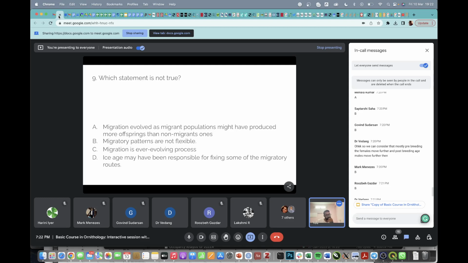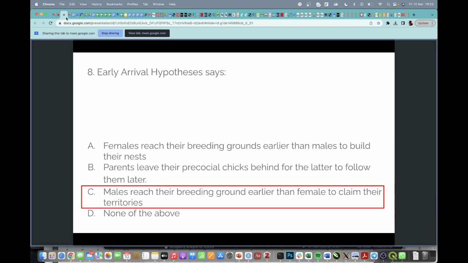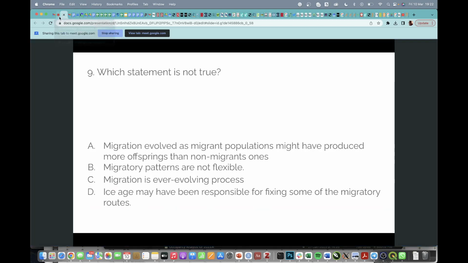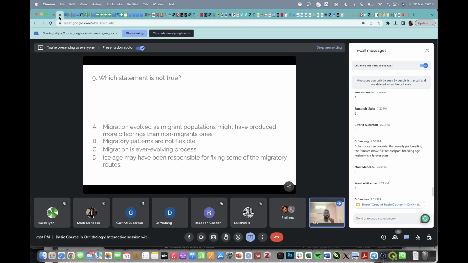In the previous question, number 8, we had discussed that. Wasn't it about the male arriving at the territory sooner? So that is after the breeding age. No, that's particularly for migratory birds.